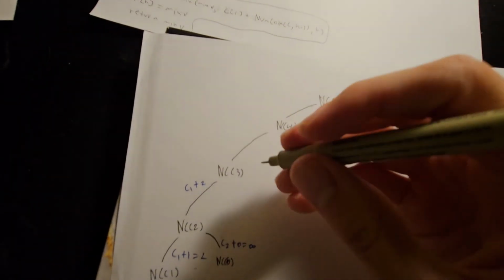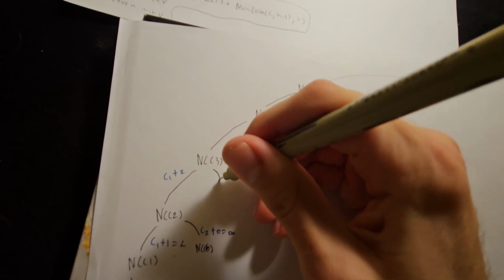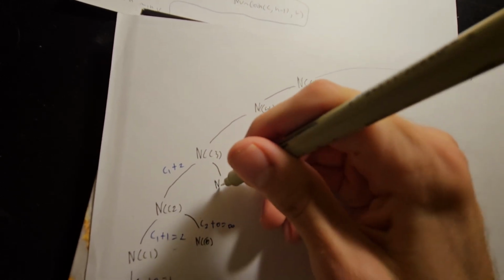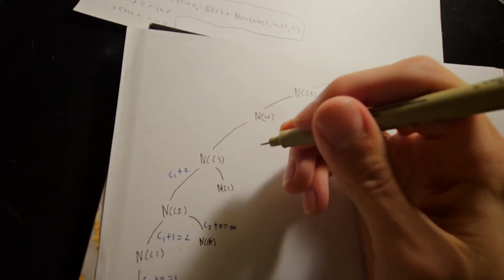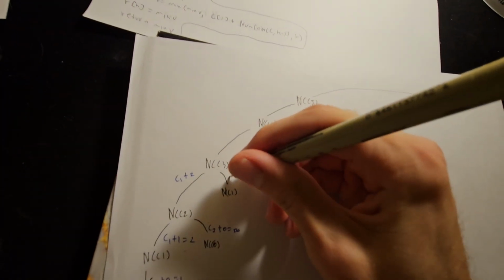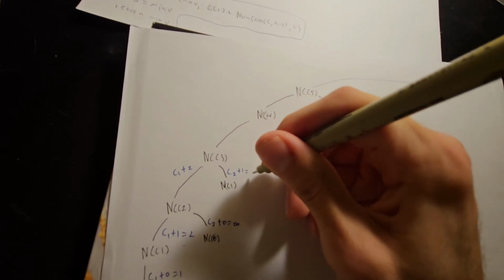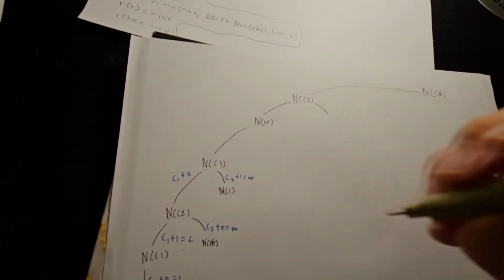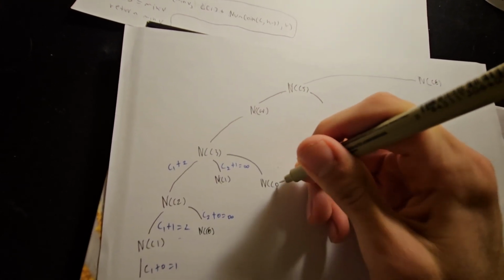Now NC3 is going to come out, and it's going to go to NC1, which it's not even going to do anything with because we already know what NC1 is. It's 1. So this is going to be a C2 plus 1, which is going to equal infinity. Then it's going to come out to NC0.